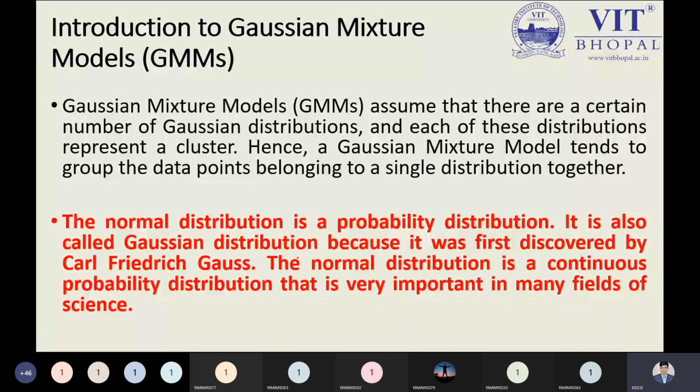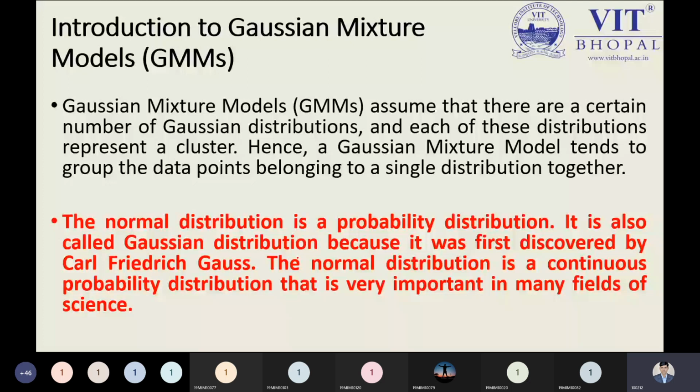So now let us understand what the Gaussian mixture model is. The Gaussian mixture model assumes that a certain number of data points which are plotted or distributed for making the cluster will all be distributed by the Gaussian distribution, which is also known as the normal distribution. So here we will represent our cluster by the distribution of the data points followed by the Gaussian distribution model, or the normal distribution.